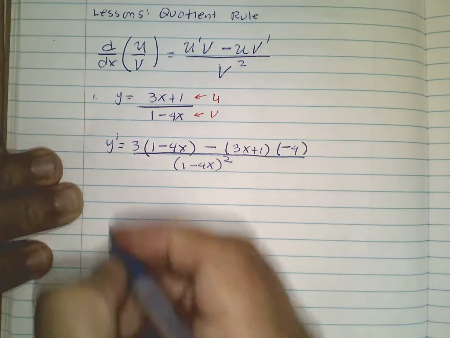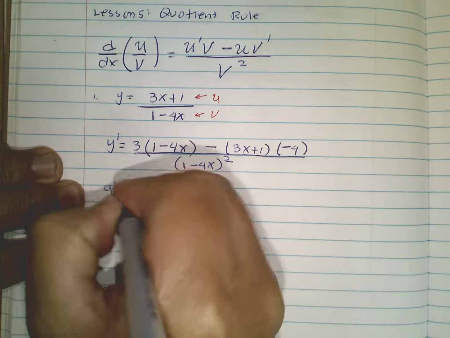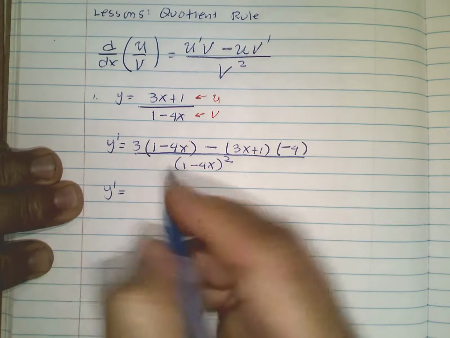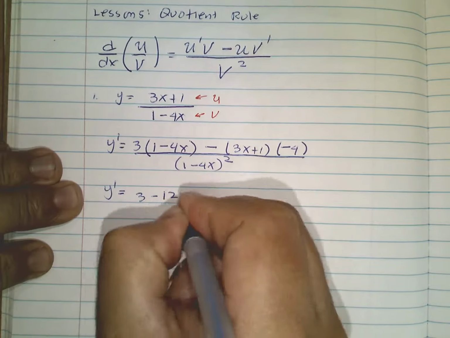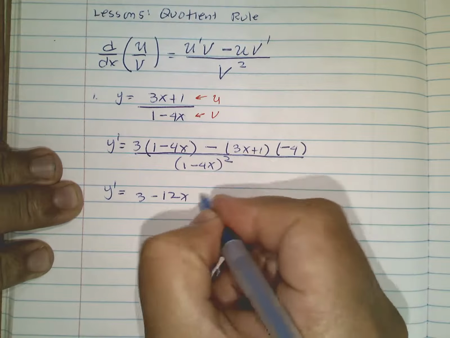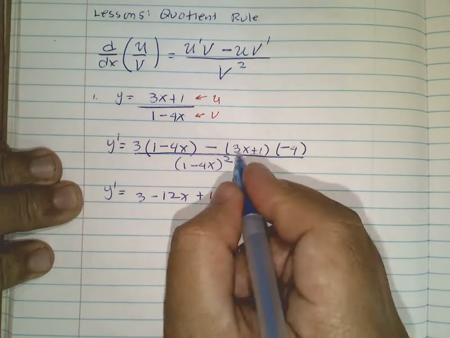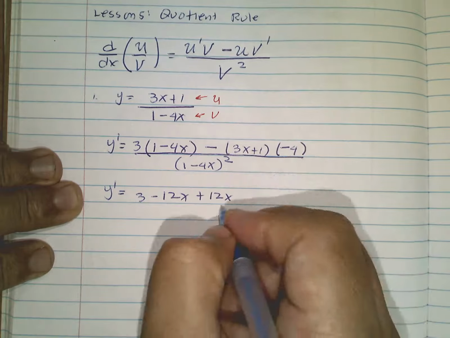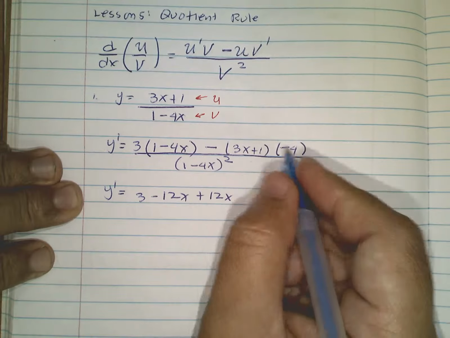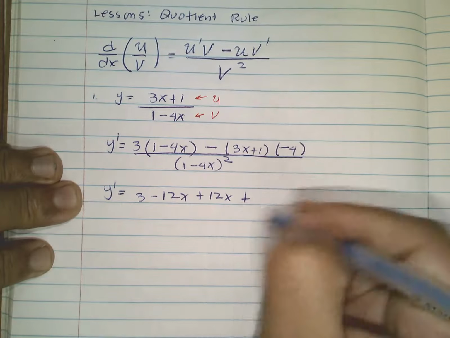Alright, so we can now simplify the top portion. y prime now is 3 times, that is 3 minus 12x, that is now plus 12x, right? Because negative 3x times negative 4 is plus 12x, and 1 times negative 4 is negative 4, with the minus sign making it plus 4.